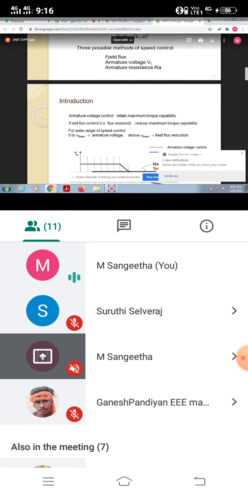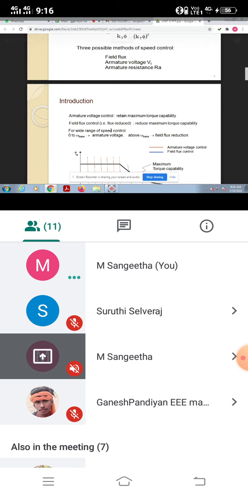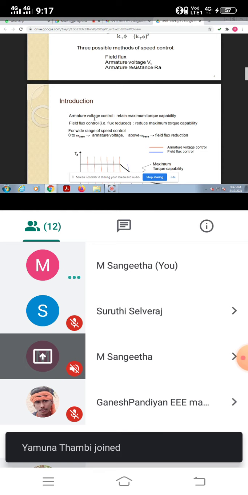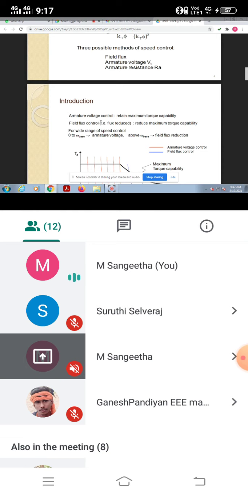Next, we see field flux control: if flux is reduced, maximum torque capability is reduced. While the flux gets reduced, the armature voltage control goes down.